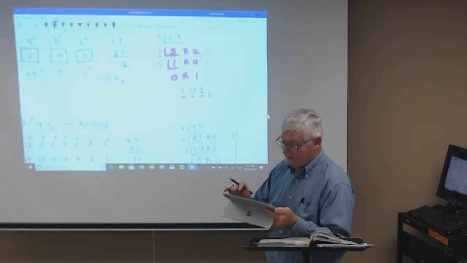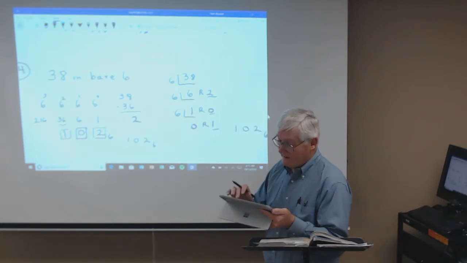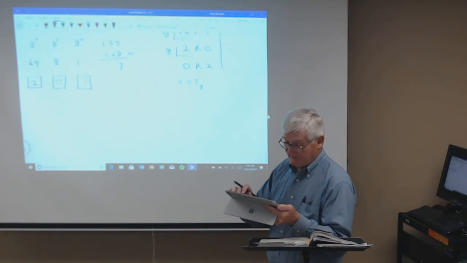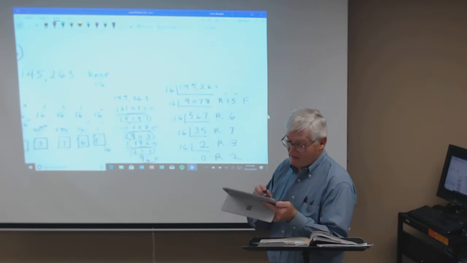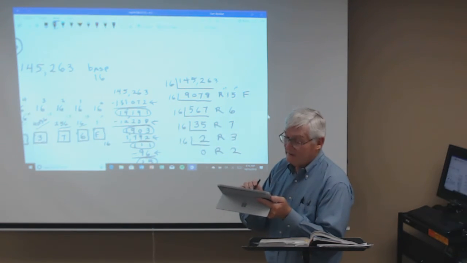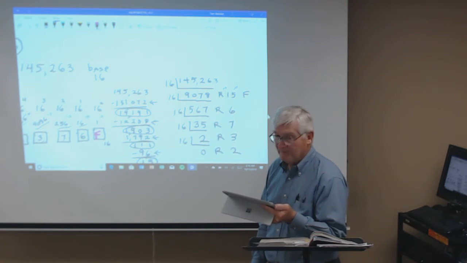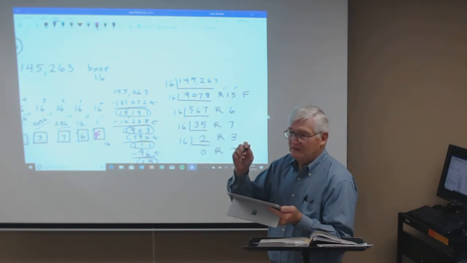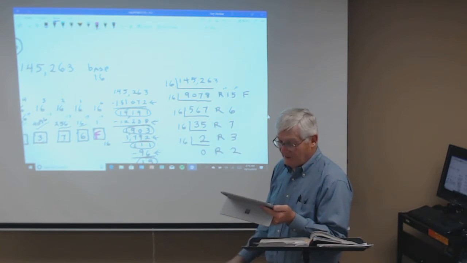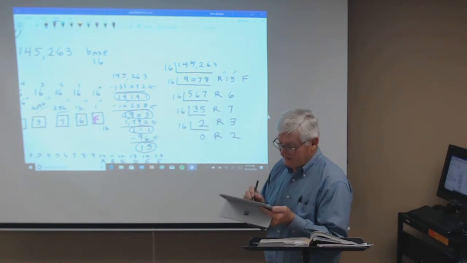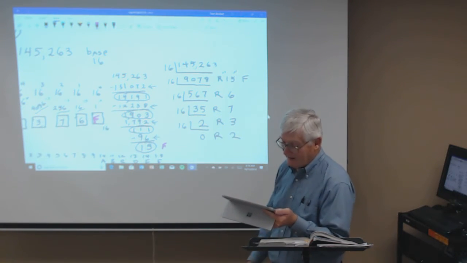So I go down here and put an F in this little box to represent 15. So you'll have to put those base 16 numerals, A, B, C, D, E, F in there. So you'll know when you've got something like 15, that 15 is F in the base 16 method.